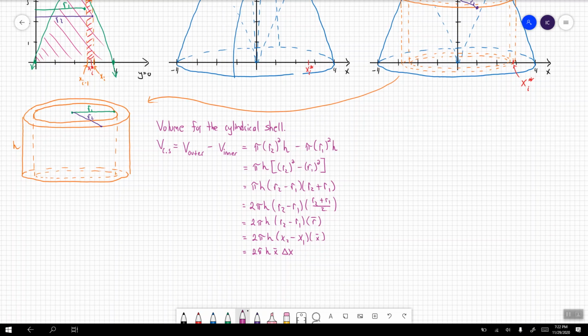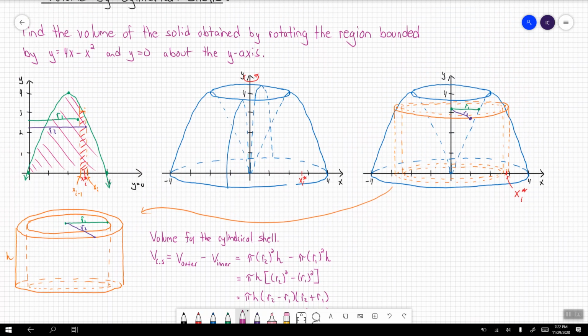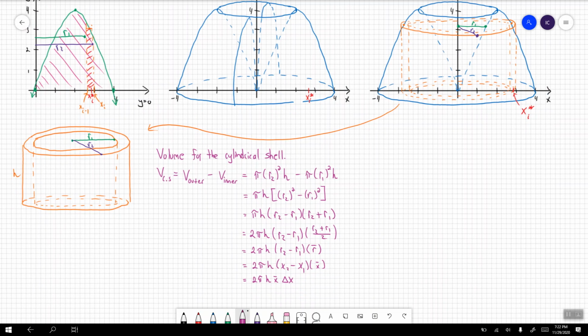But if we're trying to solve for that motivating question that says find the volume of the solid, we don't just want to find the volume for this cylindrical shell. What we want to do is we want to add all of these shells that we will then be investigating, and all of those shells are going to go from the x value of 0 all the way to the x value of 4.